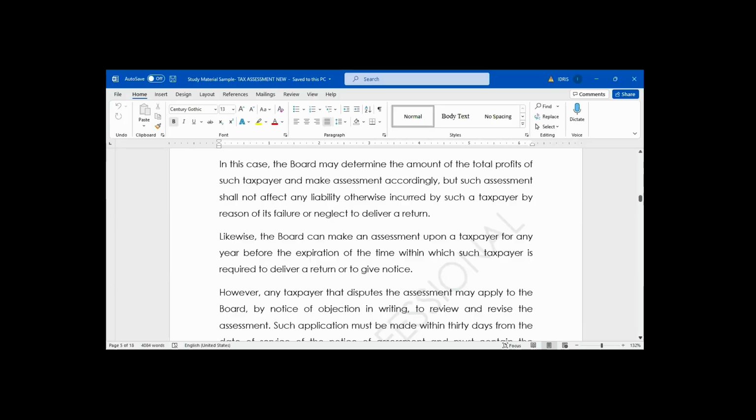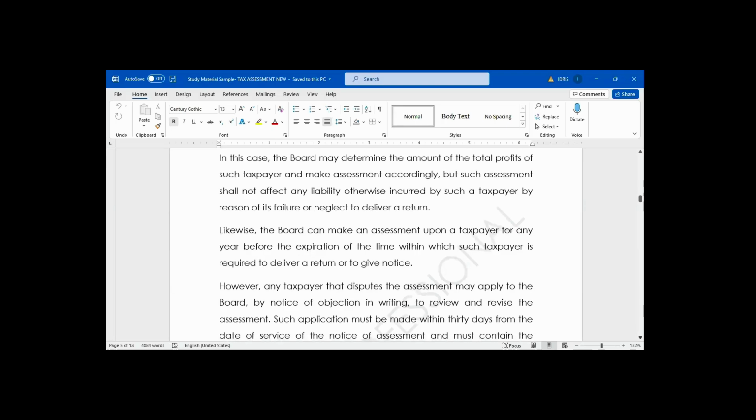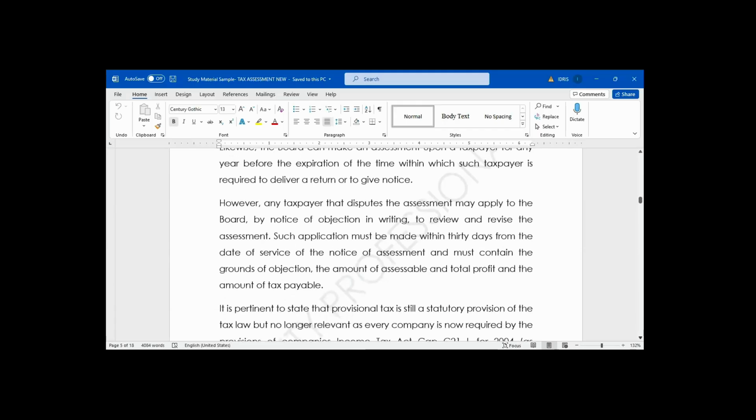Let me pay that for this year 2025. After my audited account is ready, once I know my true position of tax, I will pay the additional balance. That is what provisional assessment means.